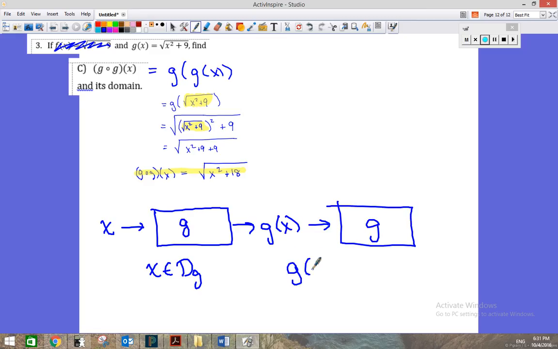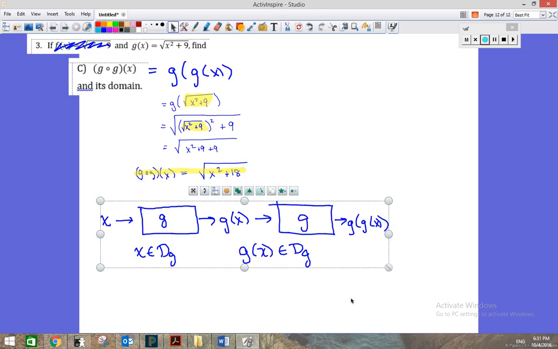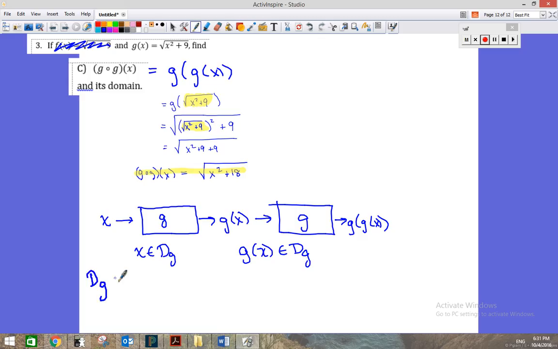This g of x has to be in the domain of g. Otherwise, you would not get an output. But the domain of g was all real numbers. So there's no restrictions as far as the input goes. We found that earlier. x squared plus 9 is never going to be negative.